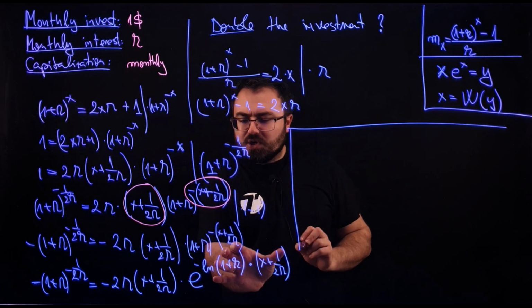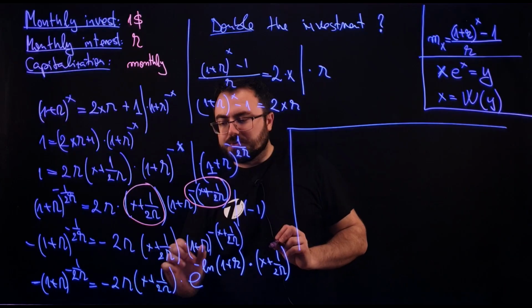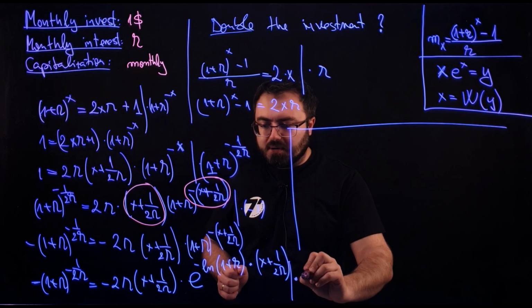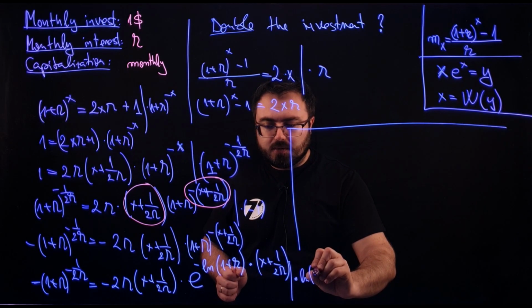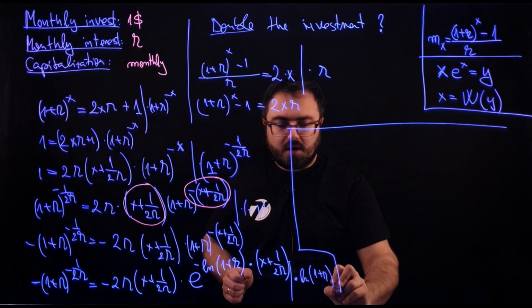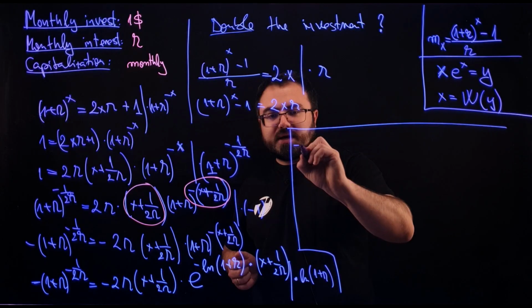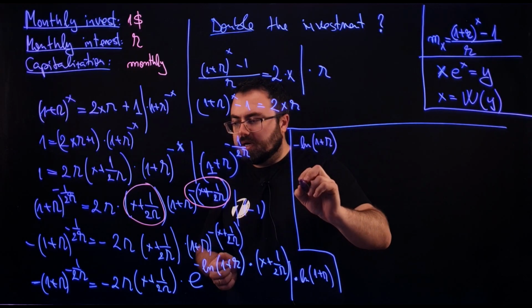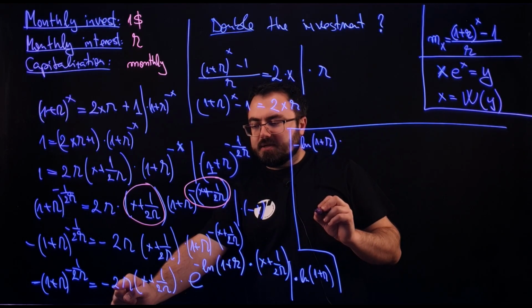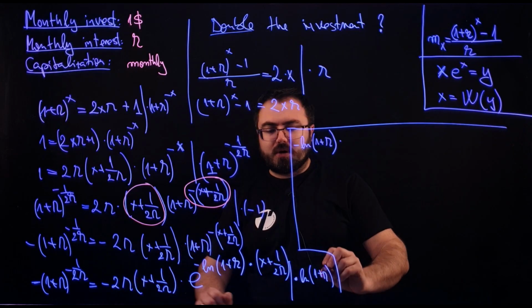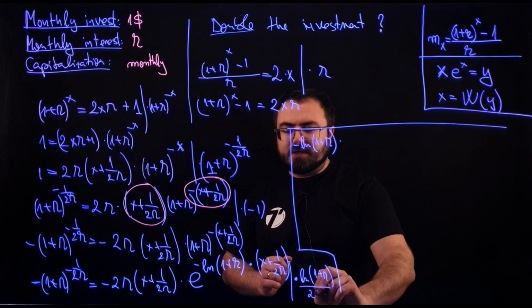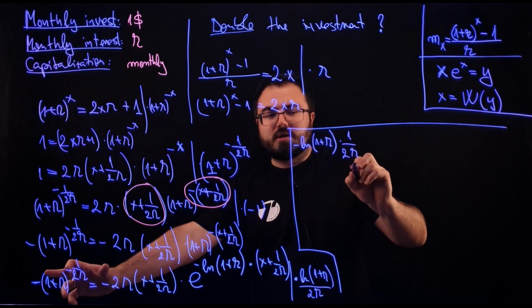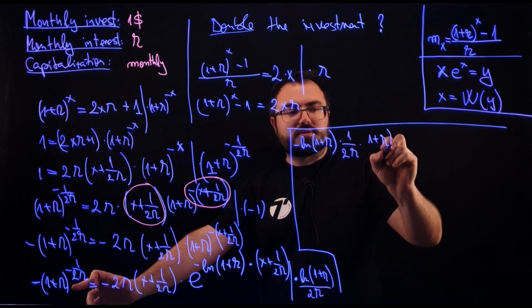Now, again, we don't have the same value on the left, so we can multiply by the natural logarithm of (1 + R). And we have minus the natural logarithm of (1 + R) multiplied by 2/R, and we have 2/R times (1 + R)^(-1/(2R)).